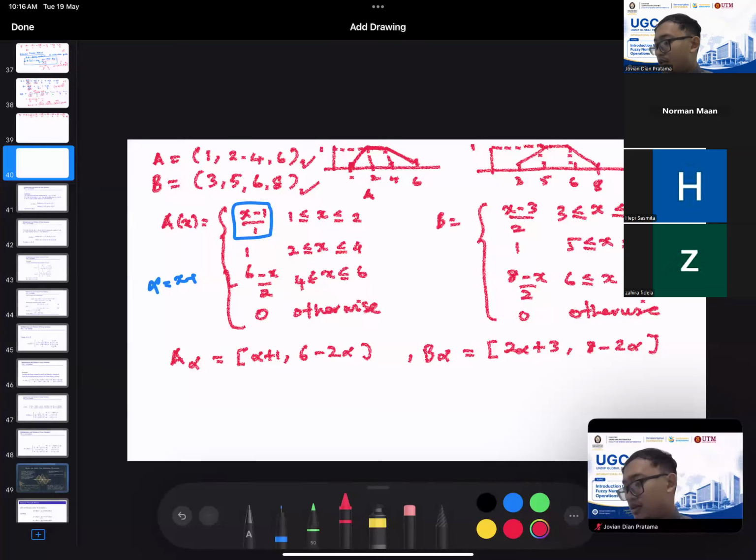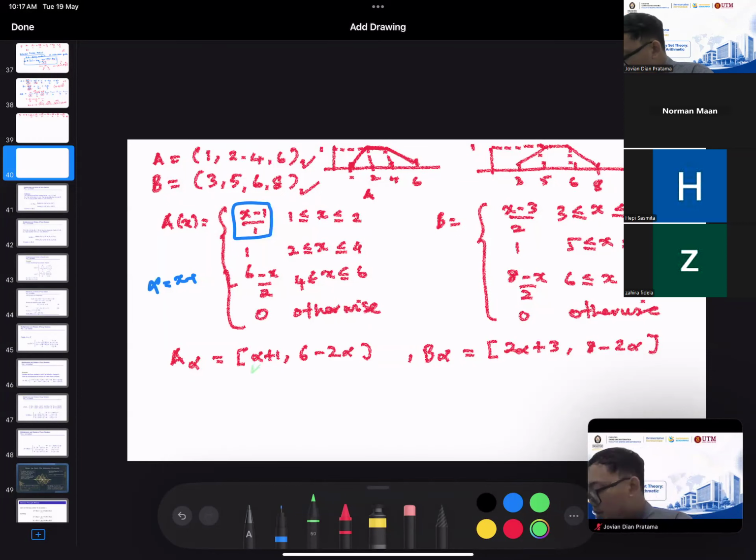In this case, if I put my alpha equal to 1, I will get 2, which is this value. When I try the other end, alpha equals 1, 6 minus 2 will get 4, which is this value. So this is the way to check whether your answer is correct or not.